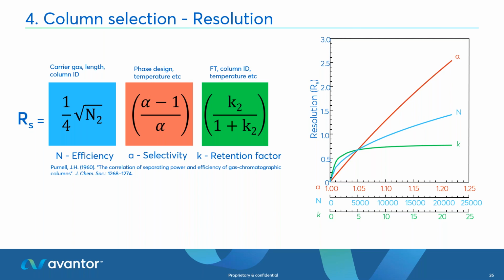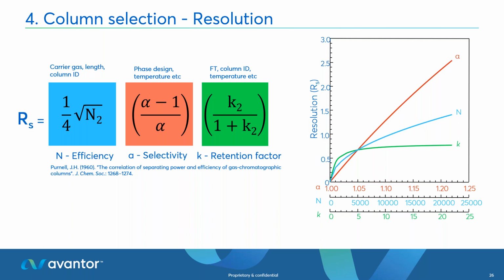So then when we've got a value between 2 and 5, these are the early eluters. For better resolution, we can increase the film thickness or decrease the temperature, because it's eluting too fast, so we need to make sure that we're creating more retention. This is why we have a thicker film thickness and decrease the temperature.